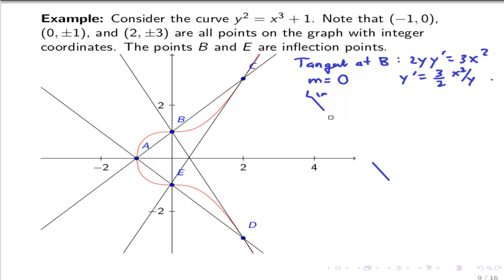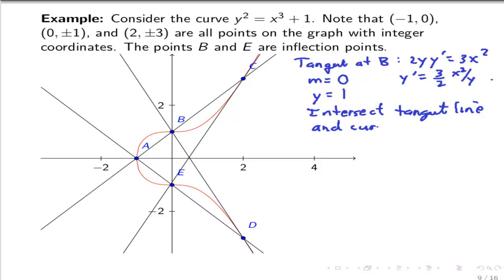Tangent line would just be y equals 1. So intersect tangent line and curve. And what happens? So here's y equaling 1.